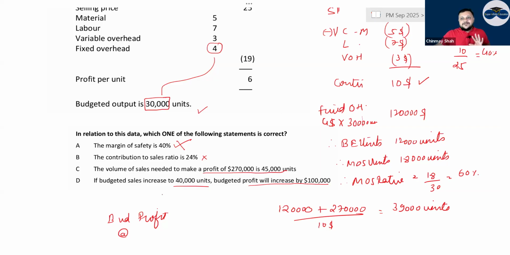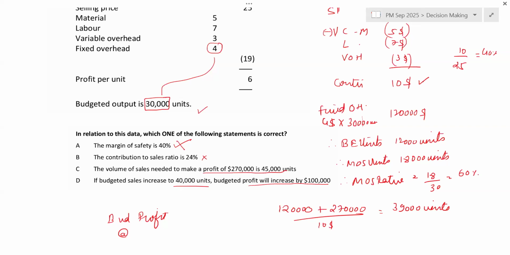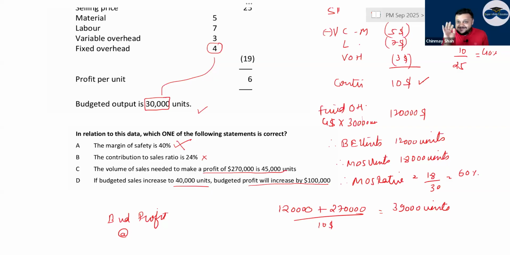See, your brain will help you. From 30,000, if the budgeted output goes up to 40,000, how many units will increase? 10,000, correct? Whenever after BEP any units are added, the contribution per unit only will be the profit.